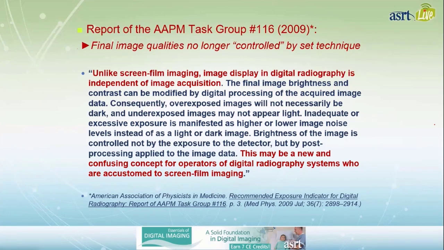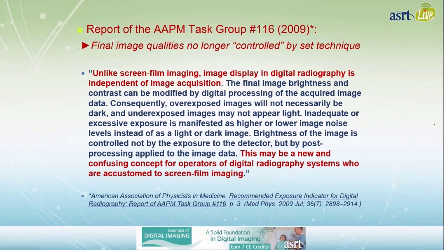So here's the first paragraph of the report of the physicist group, Task Group number 116, that was published in 2009. This information is now almost a decade and a half old. And I want to read just a couple of parts of this to you verbatim. So unlike screen film imaging, according to the physicist, image display in digital radiography is independent of image acquisition.